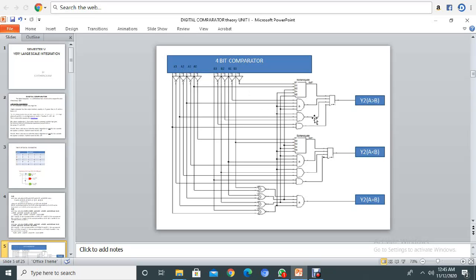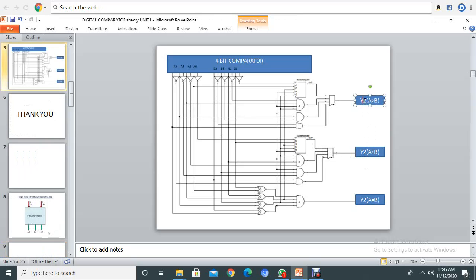Here also, if A is equal to B, then Y2 will be 1.